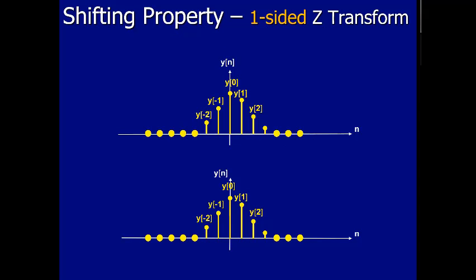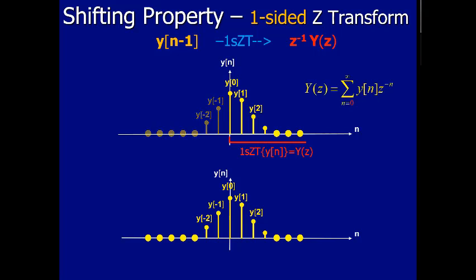If we were using the one-sided transform and our original signal was not inherently causal, wasn't itself one-sided, then if I delay the signal, once I've taken the one-sided Z transform, I'm missing those non-causal parts. All I have in my transform are the parts that started at n equals 0 and went forward in time.